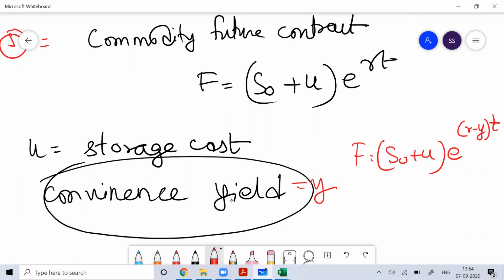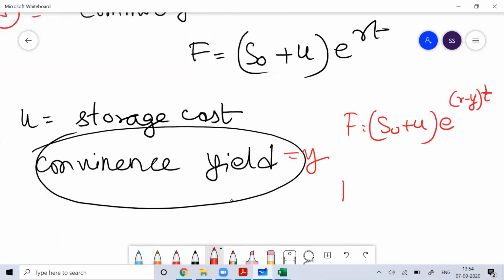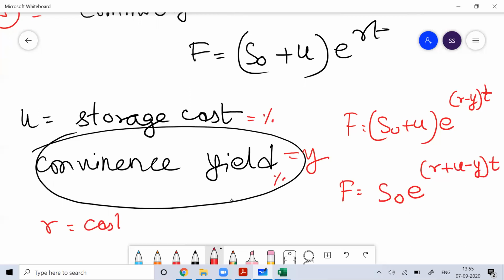And if I write everything as e to the power (r plus u minus y) into t, with storage cost and convenience yield also written in percentage, and r your cost of financing, then you can use this as a formula.